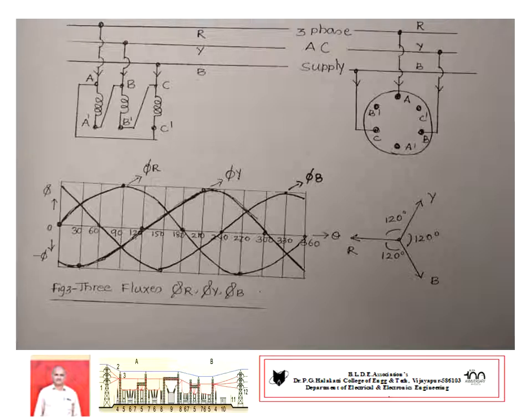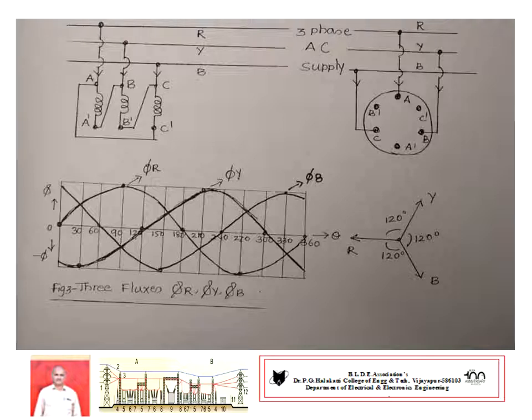So, we have to consider different instants of time in a cycle. You see there, from the graph of flux versus theta or time angle, when theta equal to 0, what happens? From the diagram it is very clearly visible that flux phi r is 0, flux phi y is negative, flux phi b is positive.